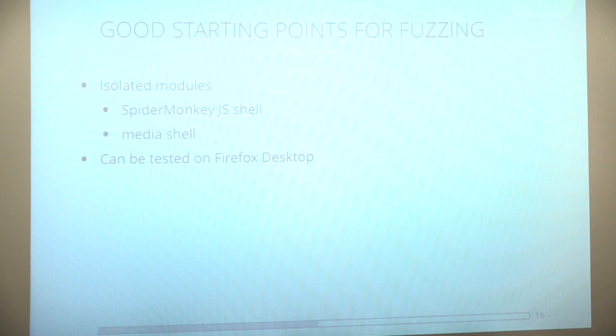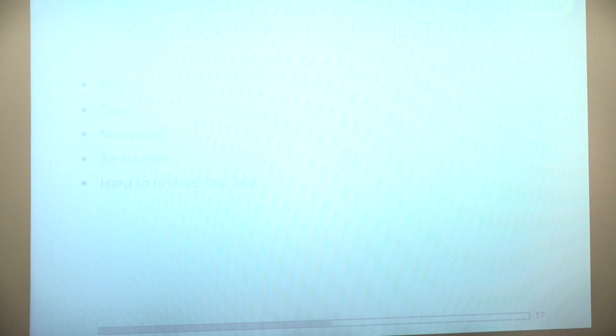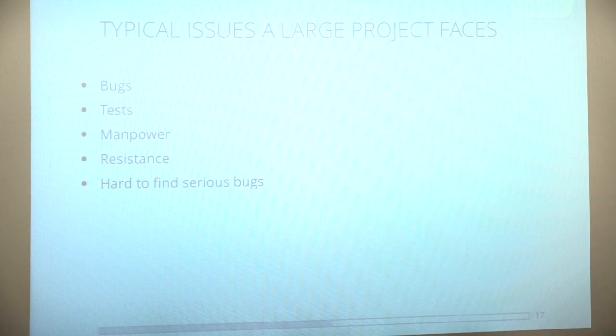But of course, it doesn't mean that you don't test with your larger product, because there are some problems that can occur with the interaction of the different pieces in the program. So basically, if your project is large and you have to prioritize, right? You're looking at many bugs, you're looking at lack of tests in general, because you don't have time to write your tests, you don't have enough manpower to write the code and fix the bugs, and there's resistance from people who don't believe that that's actually a bug, or they don't believe that a bug is actually important.